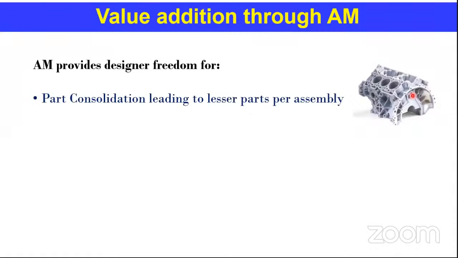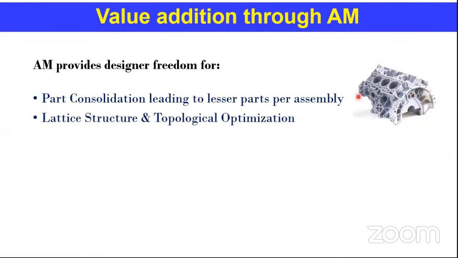This could be one example. And then you have what is known as the lattice structure or the topology optimization, which would be very rewarding in terms of reducing the weight. I'll show you through an example how we do that.